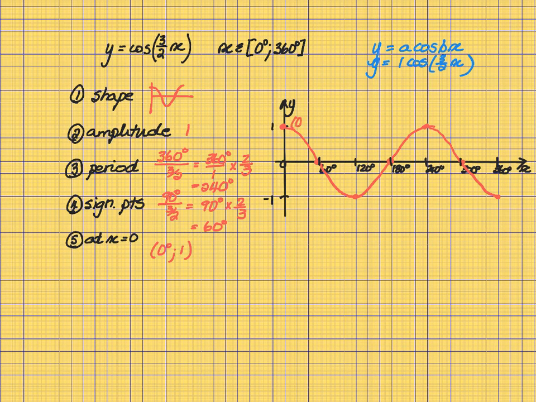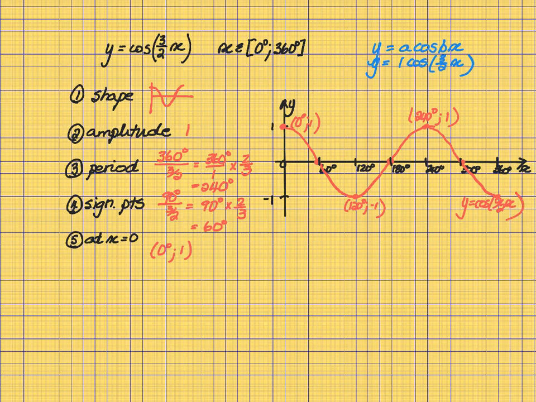This is a turning point 0 degrees and 1. This is a turning point 120 degrees and -1. And 240 degrees and 1. Remember, I said you only need one period of turning points, and then you must label your graph. So it's y is equal to the cos of 3 over 2x.